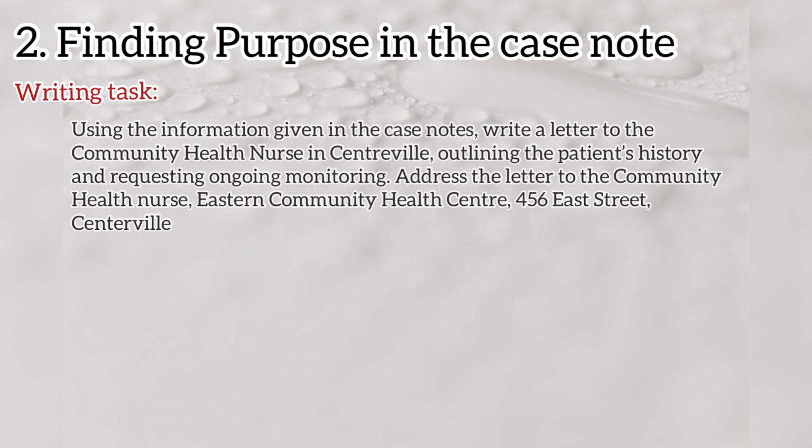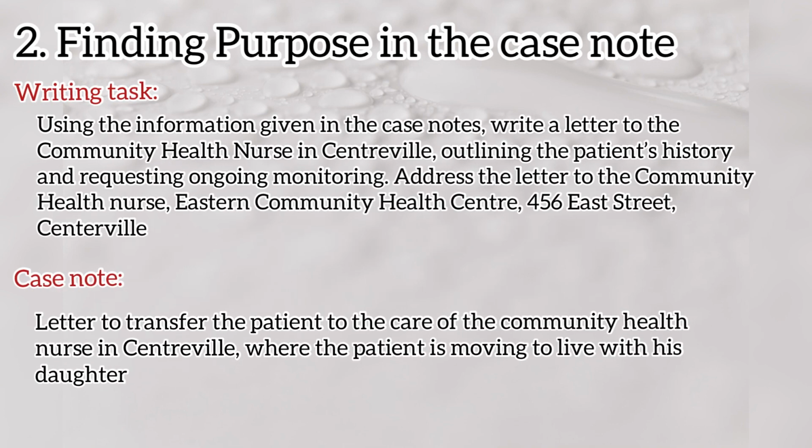Take a look at our third example below. This example is a letter of transfer requesting ongoing monitoring for this patient. This writing task doesn't include the type of letter, however, it is supplied in the final note of the case notes, just above the writing task.